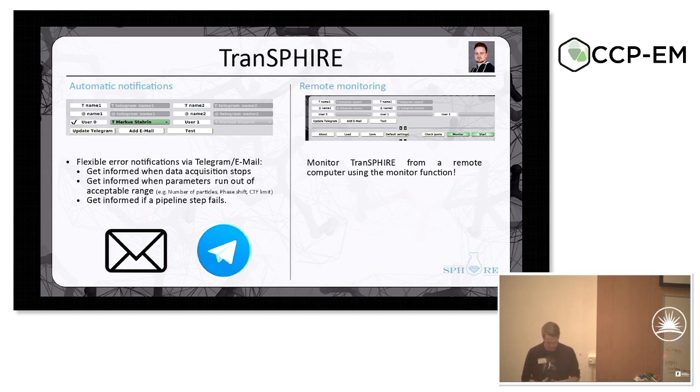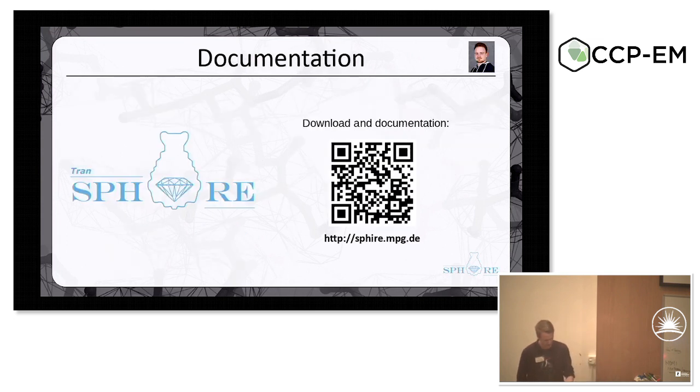And the second thing is the remote monitoring. You don't have to sit in front of the microscope computer to see what TranSPHIRE is doing. You can go back to your lab computer and still monitor what TranSPHIRE is doing, and in case something went wrong, you can correct it. You will find all the documentation on our website.